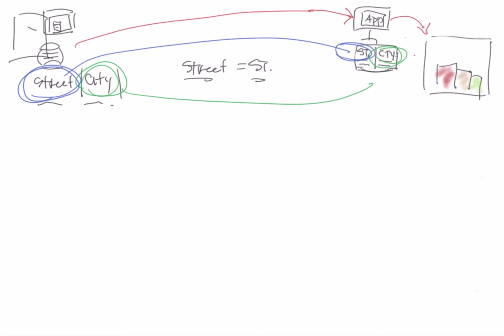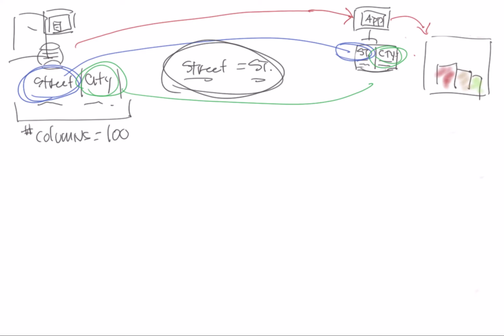That seems easy enough, but the number of fields here that we have, so we'll just say number of columns in this example, let's say equals 100. So now we need to do this mapping 100 times, okay, for all types of data. This is one data source.